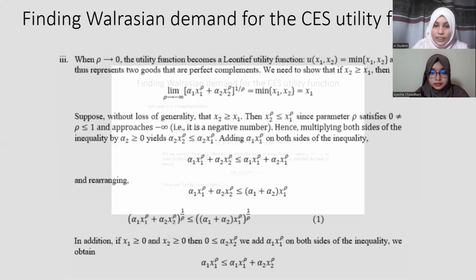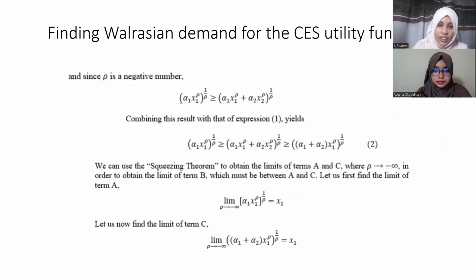So coming to the next slide, since rho is a negative number, the inequality reverses, and combining this result with that of expression 1 yields this equation.